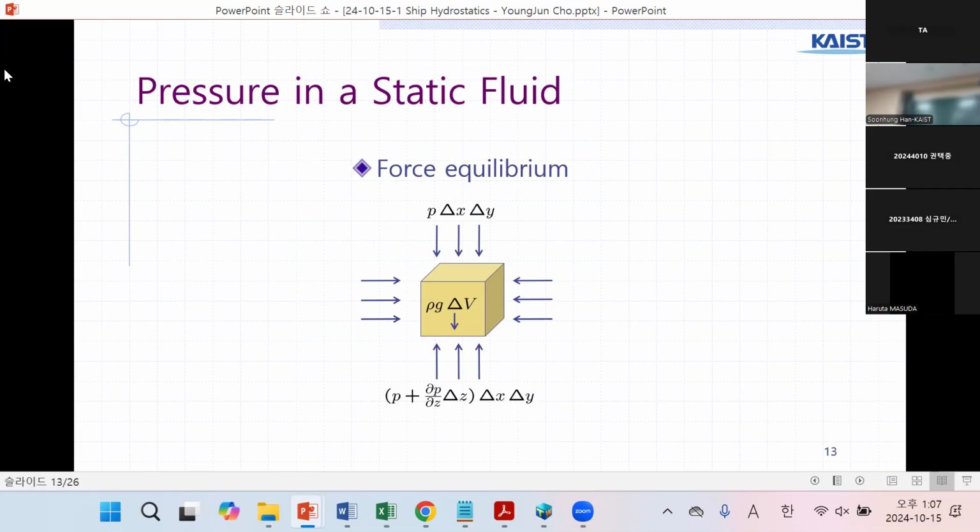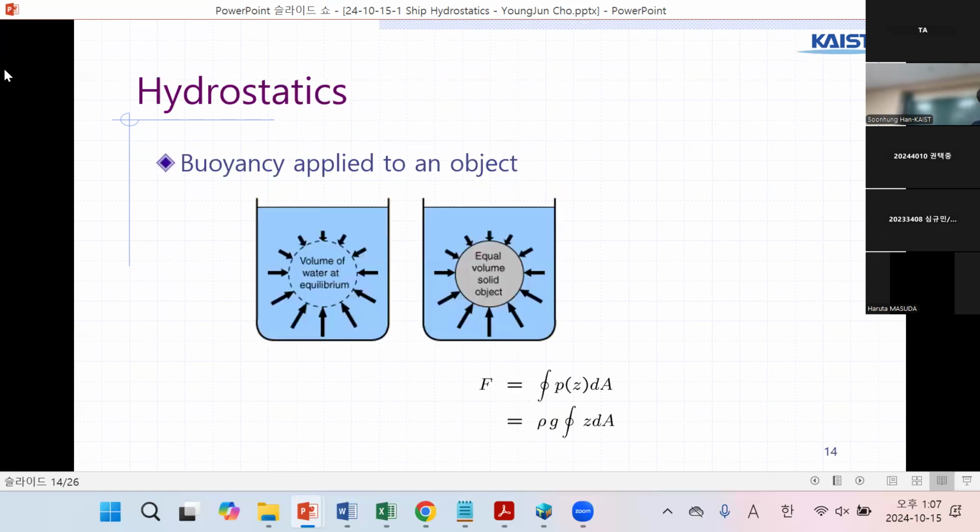And the hydrostatic force can be calculated by integrating the pressure at a given point over the surface of an object, like this.